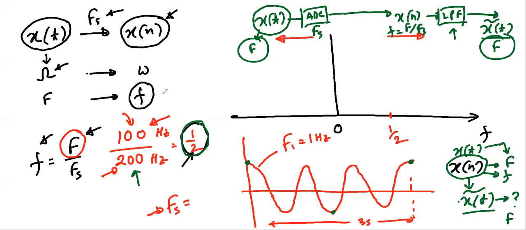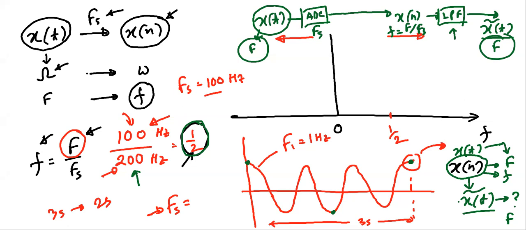Whenever we say Fs is equal to 100 hertz, what does it mean? In 1 second, you have 100 samples. So here, in 3 seconds, we have only 2 samples, not 3, because this sample actually belongs to the next cycle.